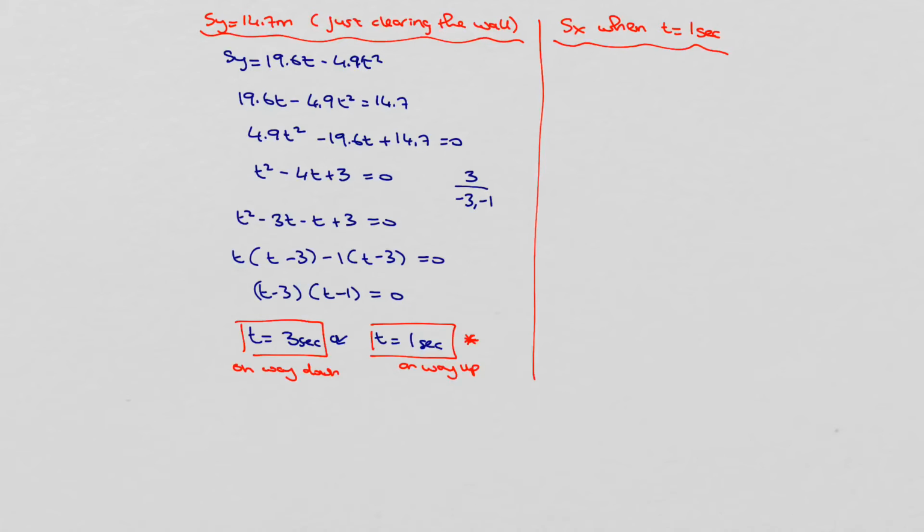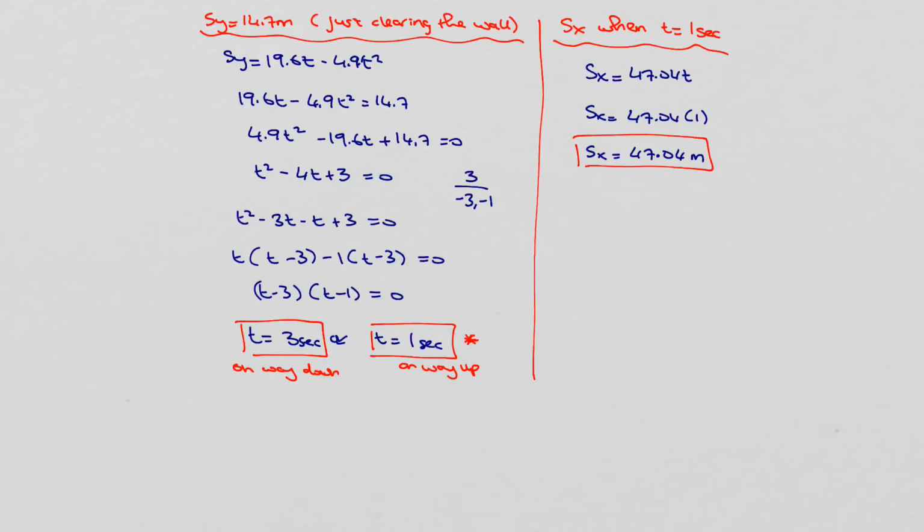And therefore we have S of x is equal to 47.04t. So very easy. If I sub in 1, I obviously end up with 47.04 metres. Okay, so that's the distance to the base of the wall.